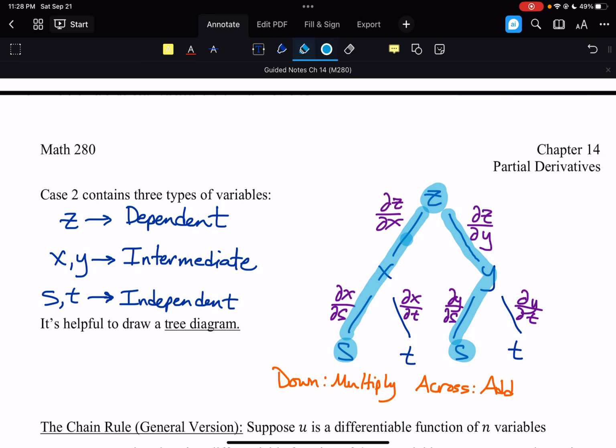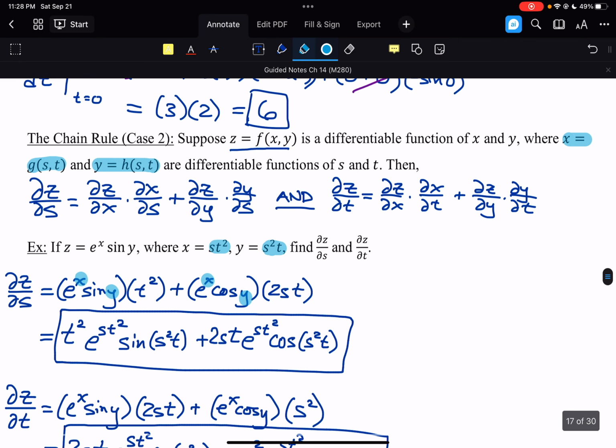So if we wanted the formula for partial of z with respect to s, we would get partial z with respect to x times partial x with respect to s, plus, as we go across, partial z with respect to y times partial y with respect to s. And if we go back up, that was this formula.